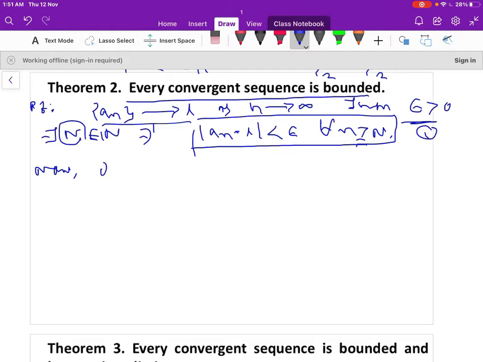Now from 1 we have the modulus of a_n. But you have to show that the convergent sequence is bounded.